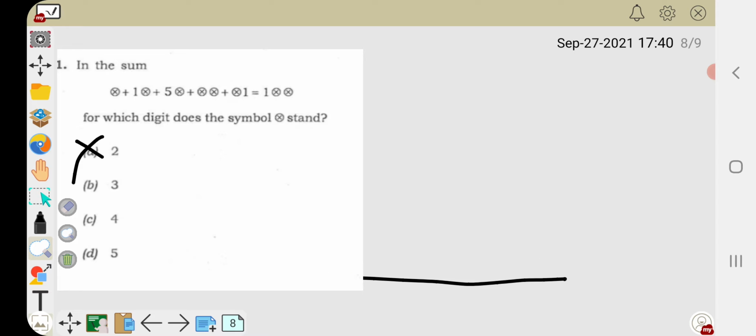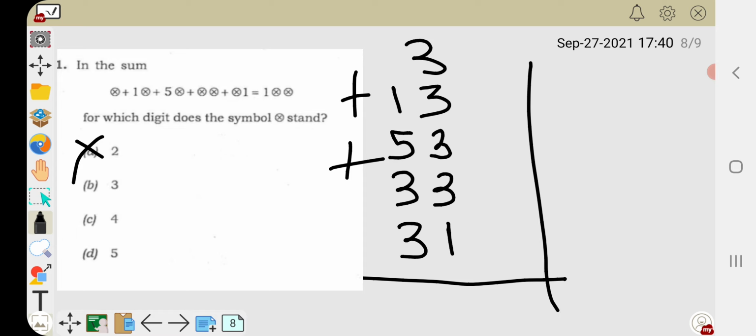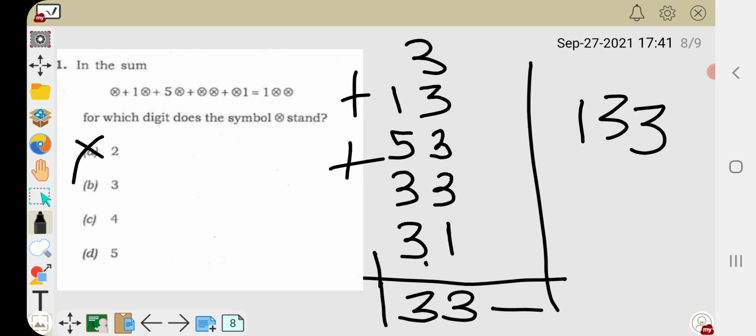Now for 3 we will check. It will become 3 plus 13 plus 53 plus 33 plus 31, and our RHS will become 133. Yes, LHS is coming equal to RHS. So here satisfying condition. So option B is right answer.